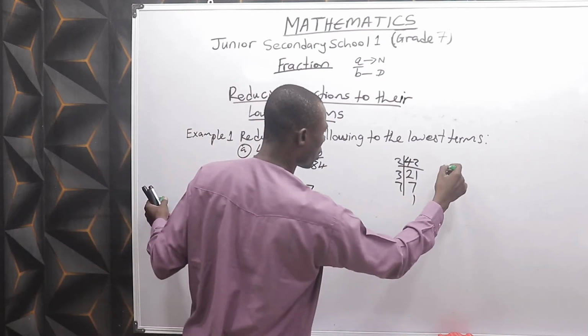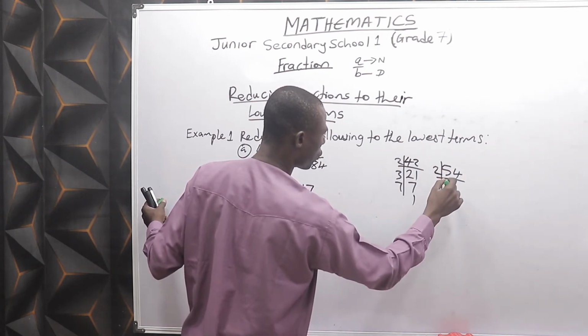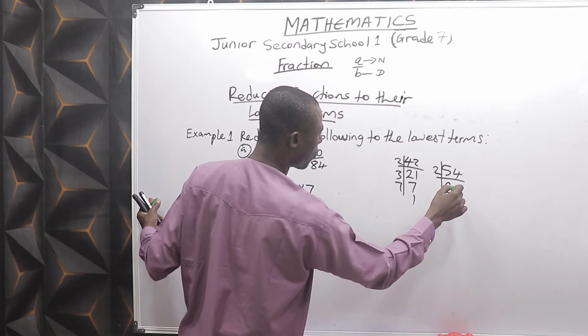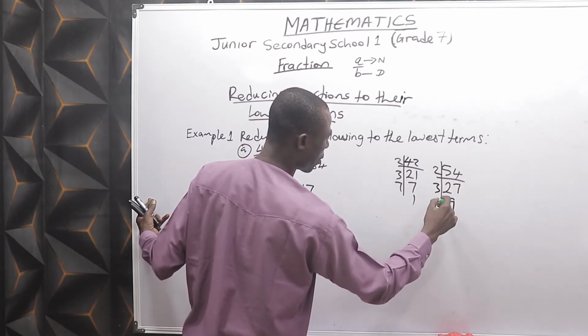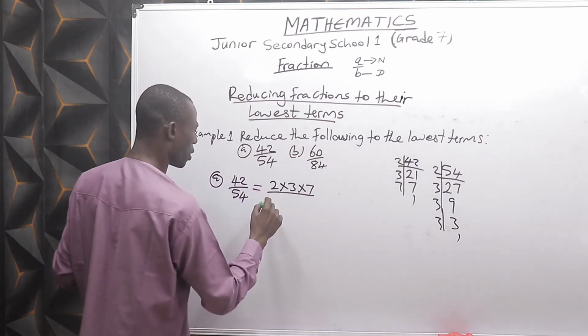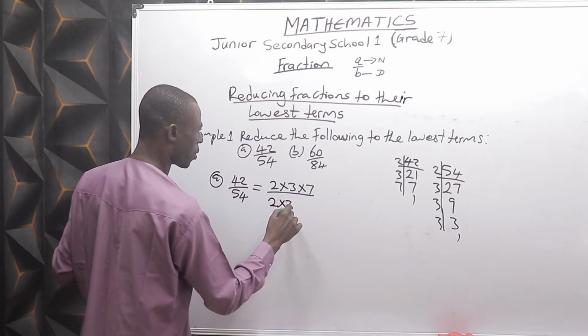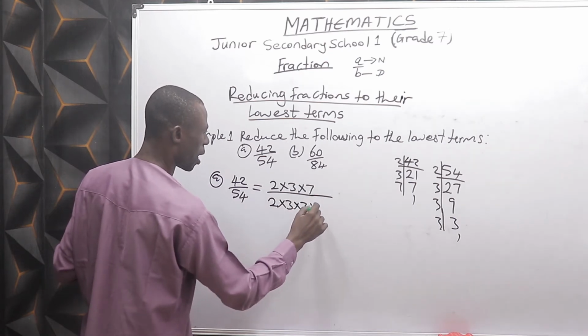54, do the same thing. To make it easier for you, 2 in 54 is 27, in 27, 3 gives 9, 3 gives 3, 3 gives 1. So that will be 2 times 3 times 3 times 3.